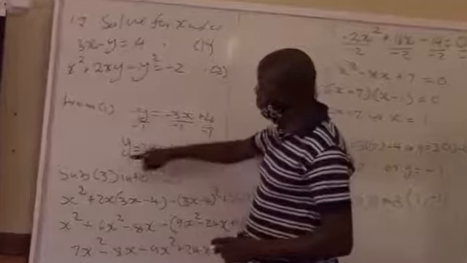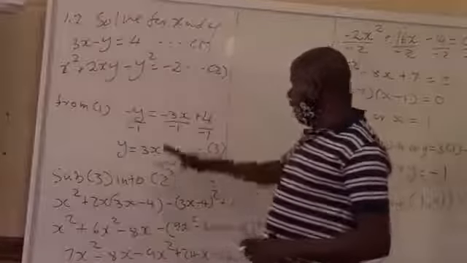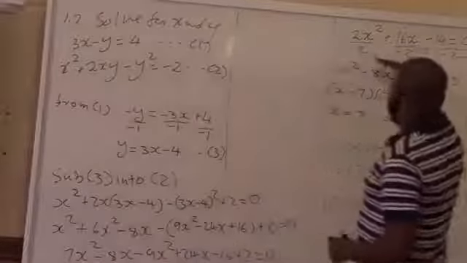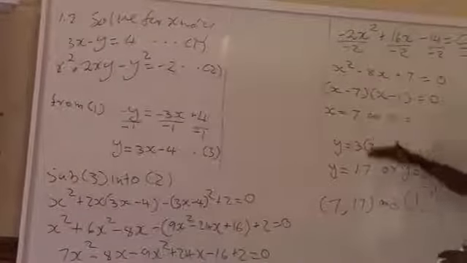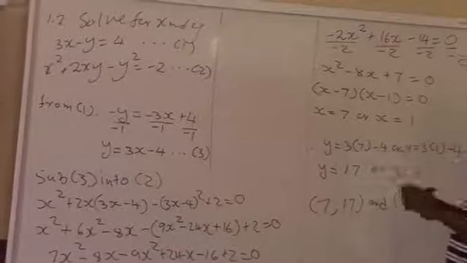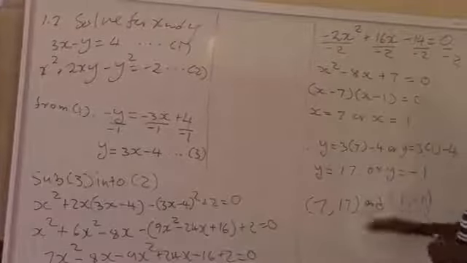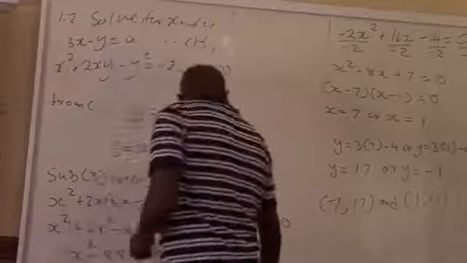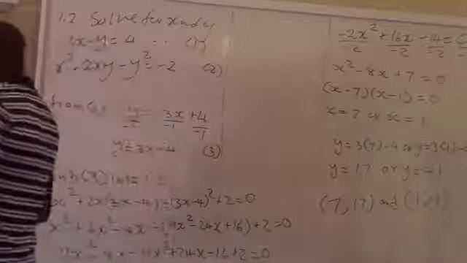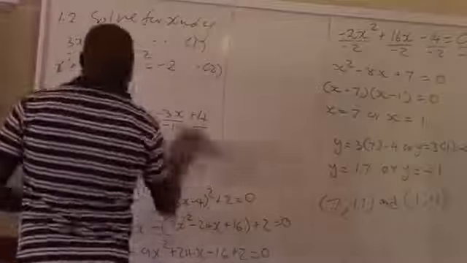In this case we made y the subject of the formula. Then you start substituting, you work it out, you find the standard form, you factorize, you find the values, and then after finding the values you substitute those values in the simpler equation to get the other variable. So that is how this paper came for that particular year, 2017.